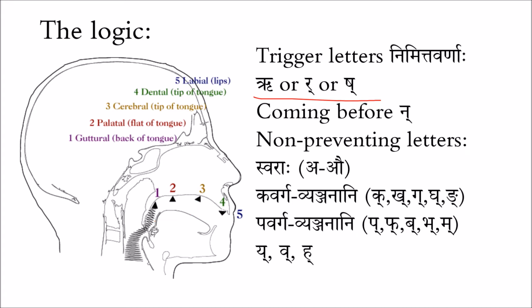And for danta, what is the tongue shape? The tip is pointing like this. It is protruding, the tip of the tongue is straight but pointing forward and touching the back of the upper teeth here.